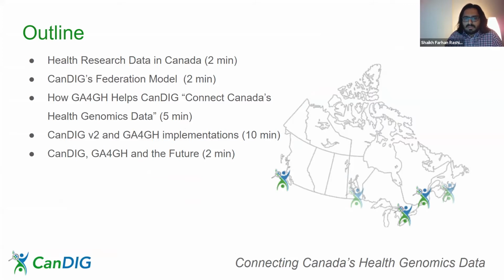And then we'll look into federation, what that means, as well as exploring a couple models of federation and ultimately CanDIG's federation model and how it helps to bring data together across many provincial sites in the Canadian landscape. From there, we will go into the GA4GH and how it has helped CanDIG in reaching this goal of connecting Canada's health and genomics data.